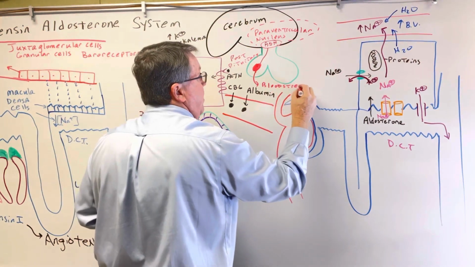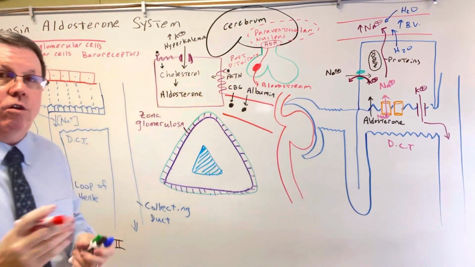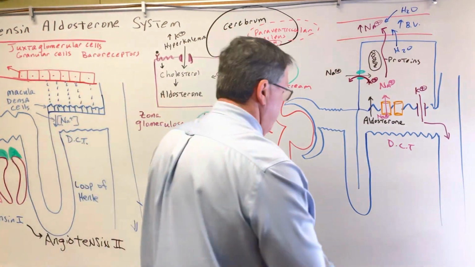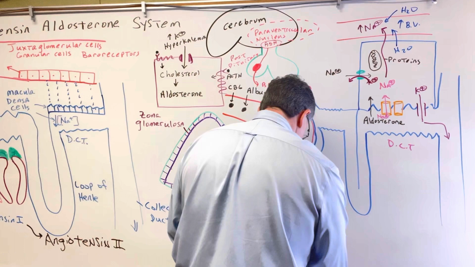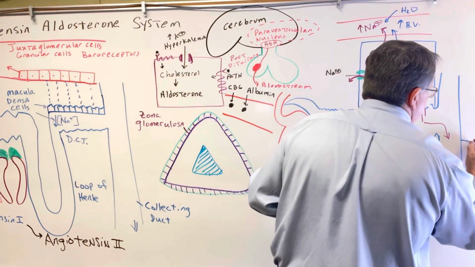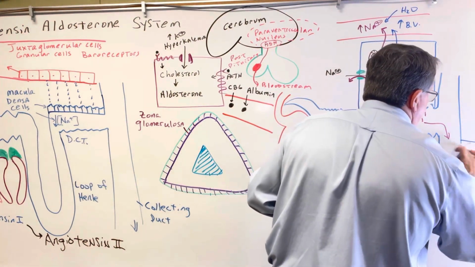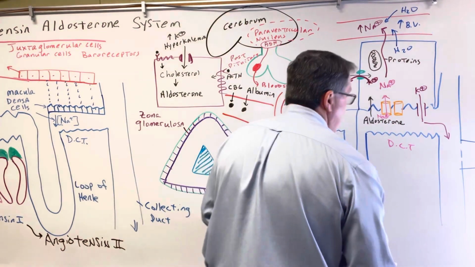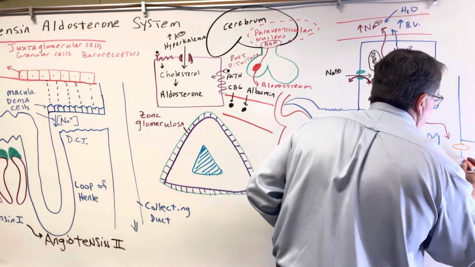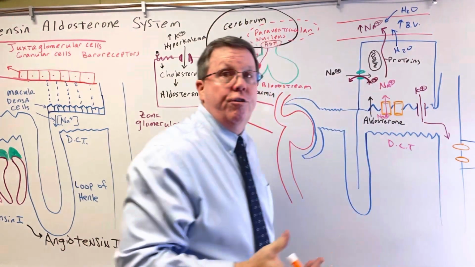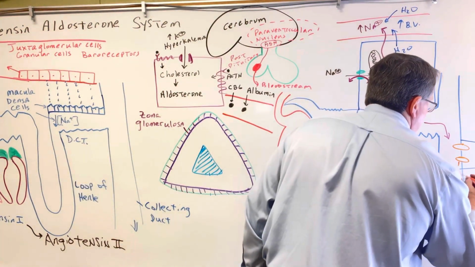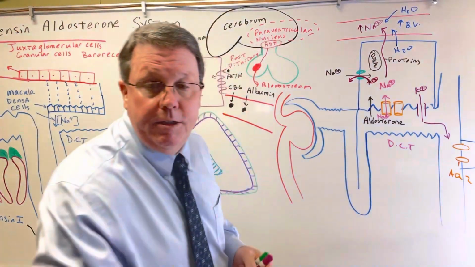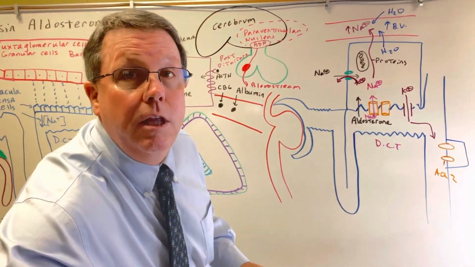If you saw my video on ADH, and I'm not going to go through the whole thing here, eventually over here in my collecting duct we have principal cells once again, and we are going to make aquaporins. This is going to be aquaporin 2, I'm just going to put AQ2. Let me just turn this a little bit like that.